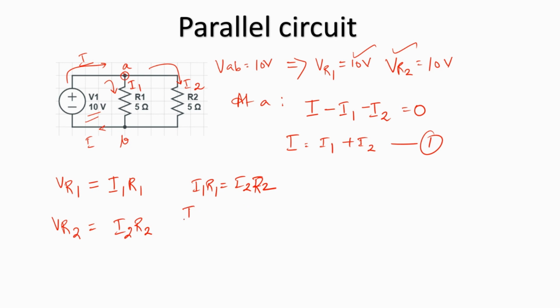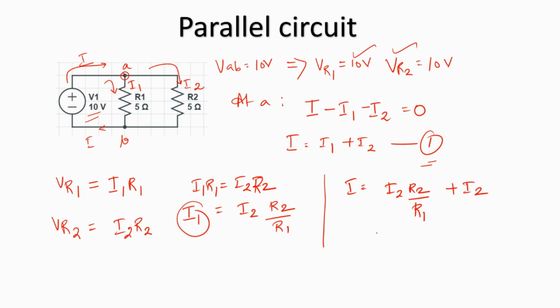So now, what is I1? I1 is nothing but I2 into R2 by R1. So, if I replace I1 in equation 1, what do I get? I is equal to I2 into R2 by R1 plus I2. Now, when I take I2 common, I get R2 plus R1 by R1. This is equal to I.